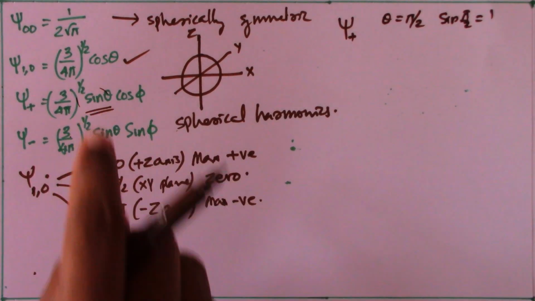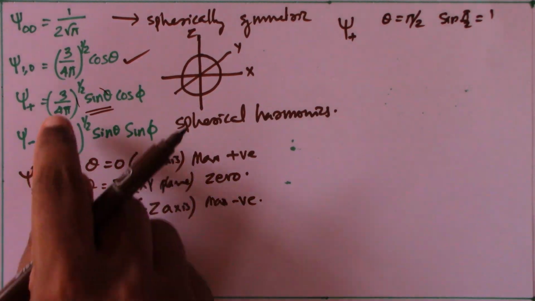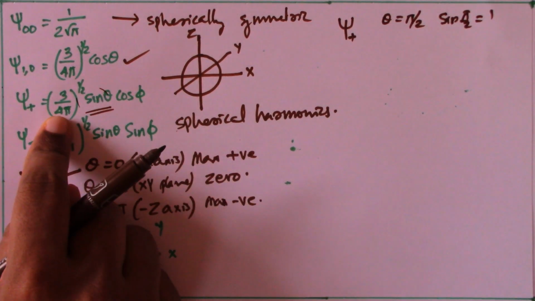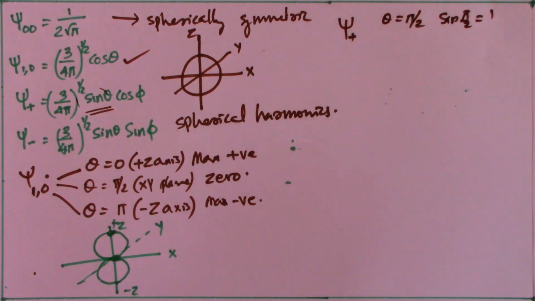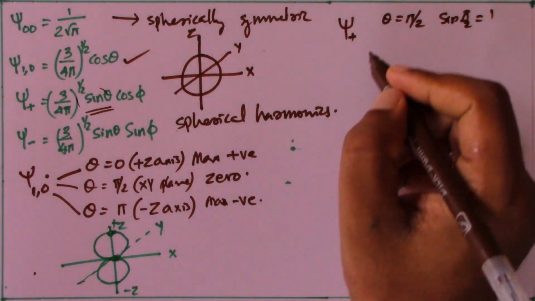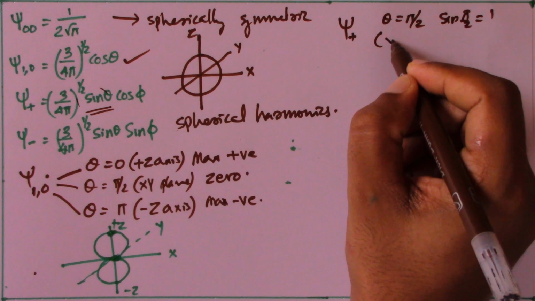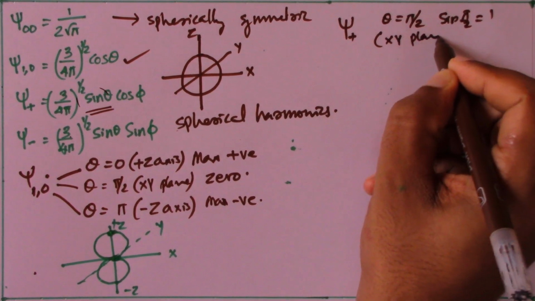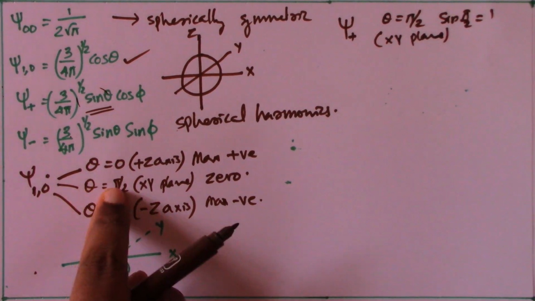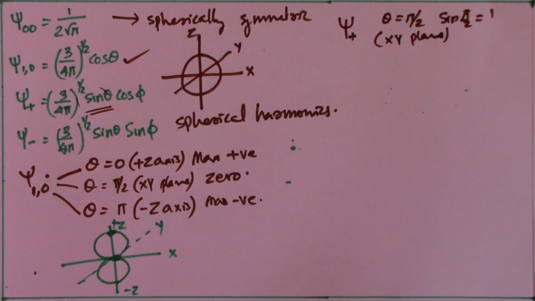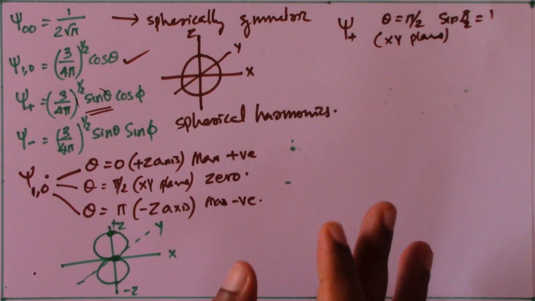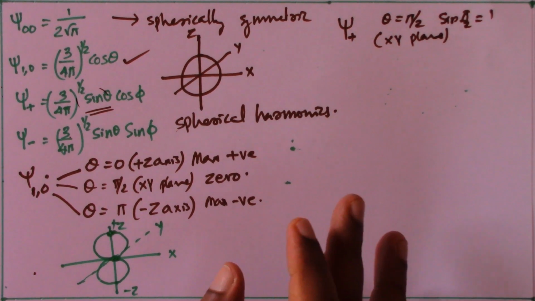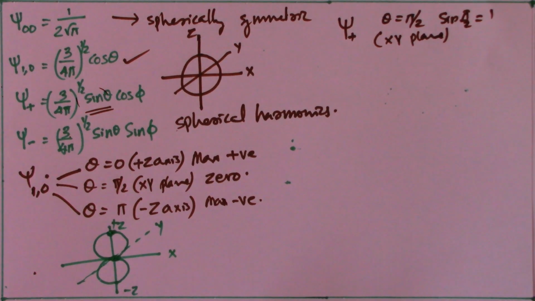That is the maximum value of sine theta. So this function will get the maximum value in terms of theta when theta is equal to pi by 2. Theta is equal to pi by 2 is in the xy plane. We already know this. So the psi plus function will have its maximum value in terms of theta in the xy plane.